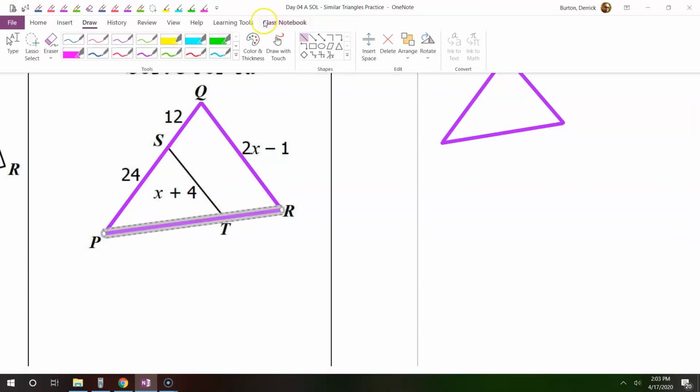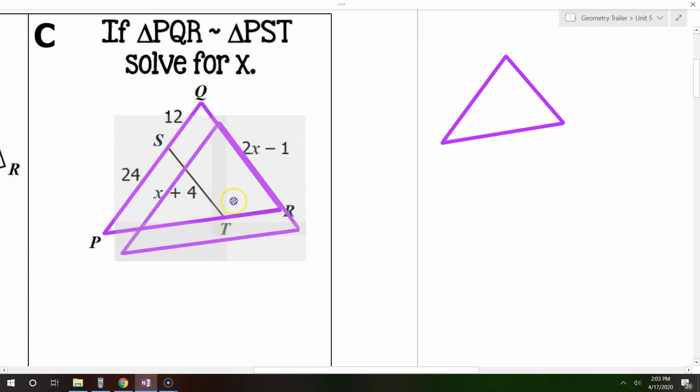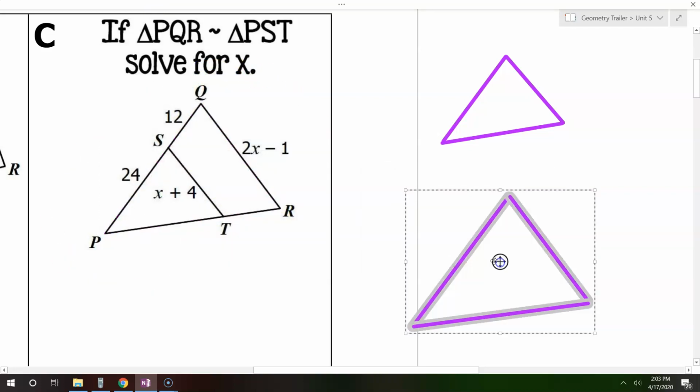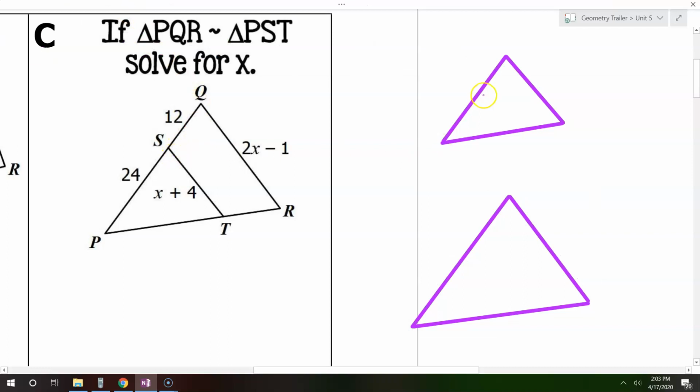All right, let's bring that off to the side. Again, whenever the triangles are overlapping, I really recommend that you separate them. So the smaller triangle was triangle PTS, and the larger triangle was triangle PQR.